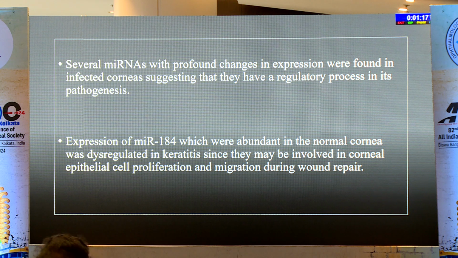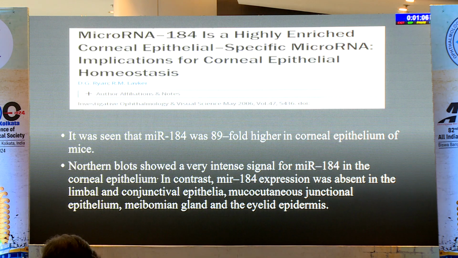Expression of miRNA 184 is abundant in normal cornea and was dysregulated in keratitis, since it may be involved in corneal epithelial cell proliferation and migration during wound repair. Another study done on mice in 2006 saw that miRNA 184 was 89-fold higher in the corneal epithelium of mice, and in contrast, its expression was absent in limbal conjunctival epithelium.